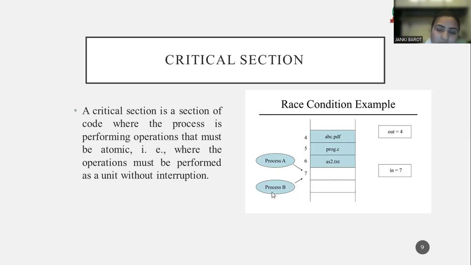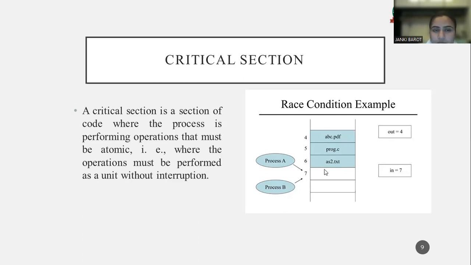Though they are concurrent processes or concurrent threads, they have been given a command at the same timestamp. Still, either one would be allowed at a time for execution. This is the best solution, right?